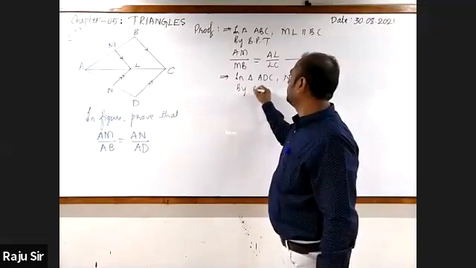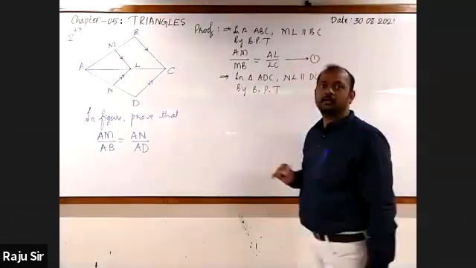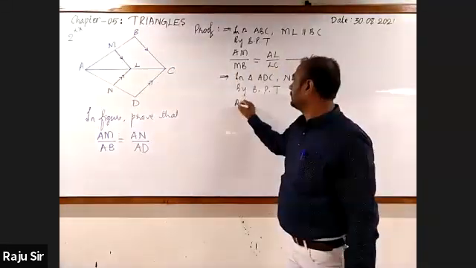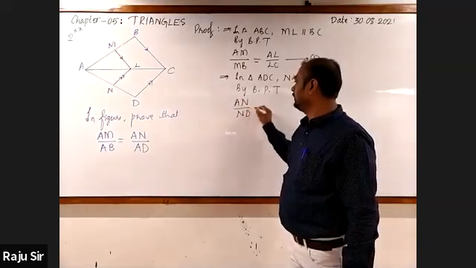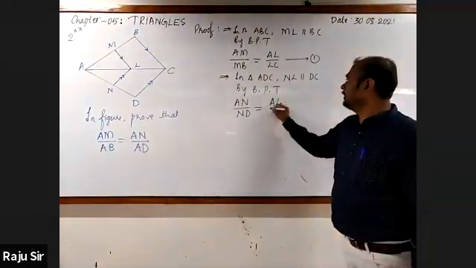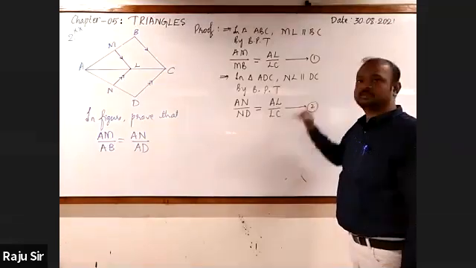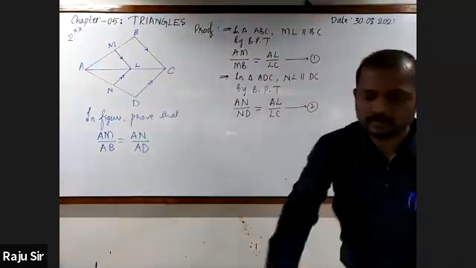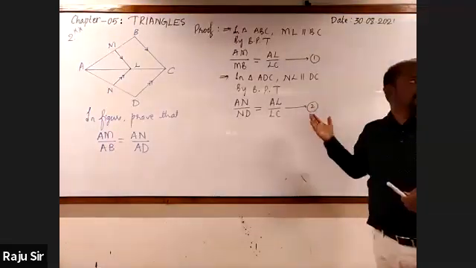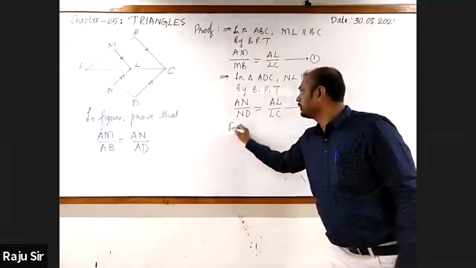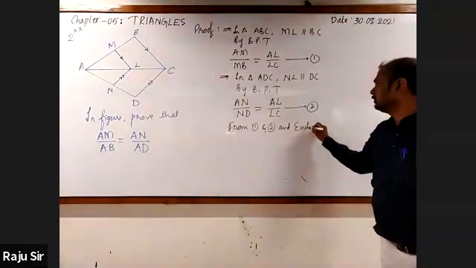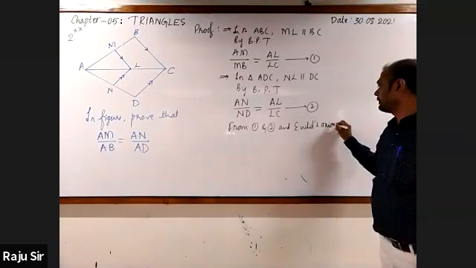Again, here also by basic proportionality theorem, AN by ND is equal to AL by LC. Call it as statement 2. Further, from statement 1 and 2 and Euclid's axiom.